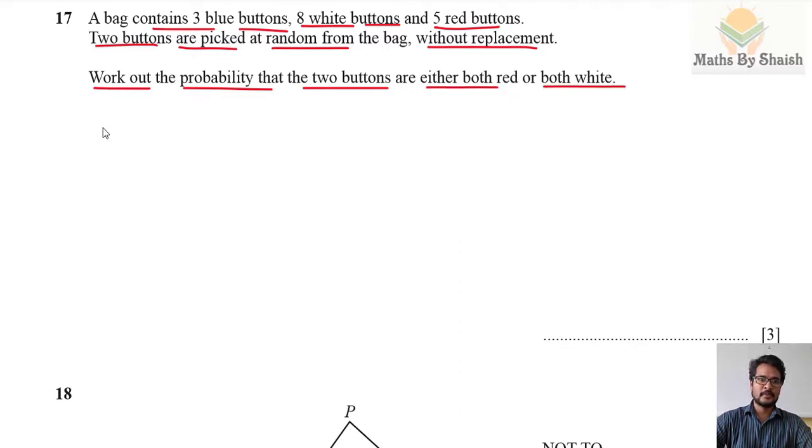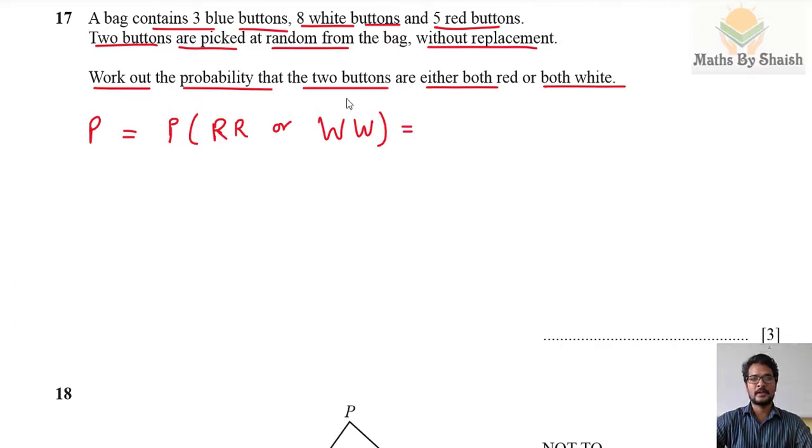So the required probability is like finding the probability that the first button is red and the second button is also red, or the first button is white and the second button is also white. And since it is without replacement, we know the probability means the number of favorable items upon total items.